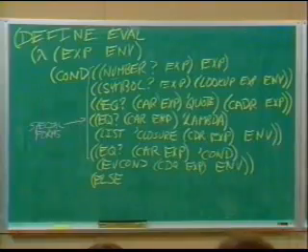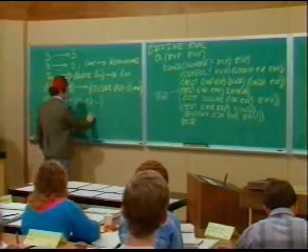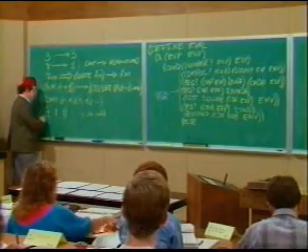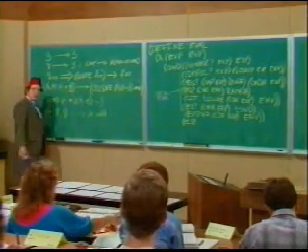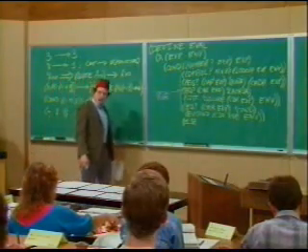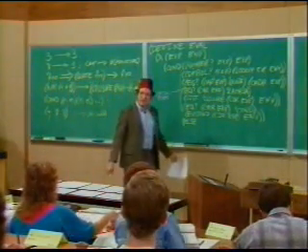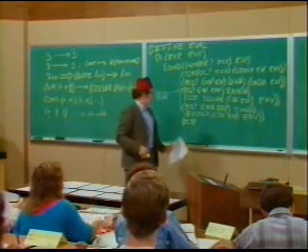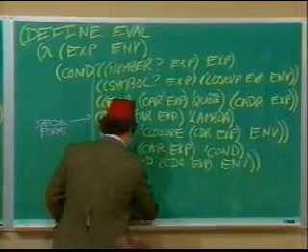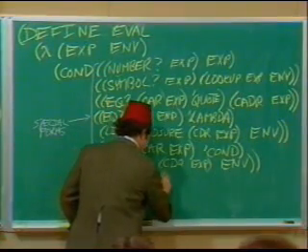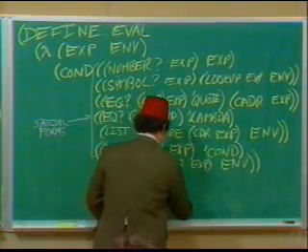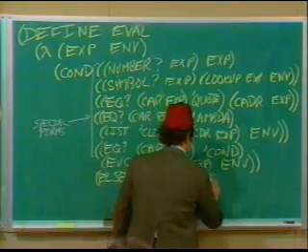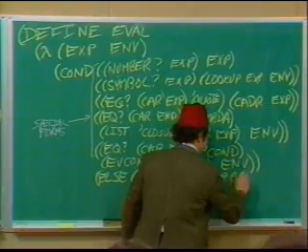Well, what do we do? In this case, I have to somehow do an addition. Well, I have to find out what the plus is, and I have to find out what the x and the 3 are. And then I have to apply the result of finding out what the plus is to the result of finding out what the x and the 3 are. Okay, we'll have a name for that. So I'm going to apply the result of evaluating the car of the expression.